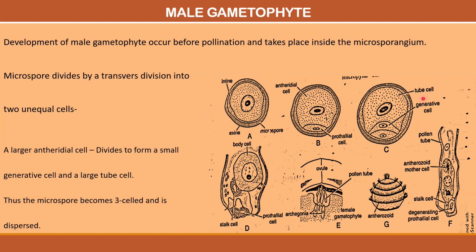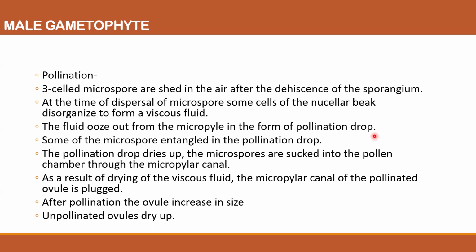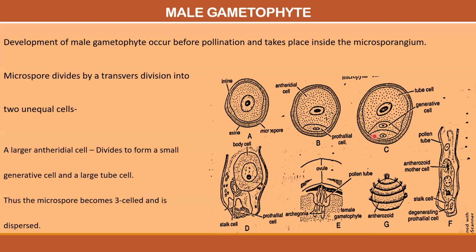Here, the microspore becomes three-celled and is dispersed. So, the microspores are dispersed at the three-cell stage and are pollinated. This is the completion of the first phase, which occurs inside the microsporangium.